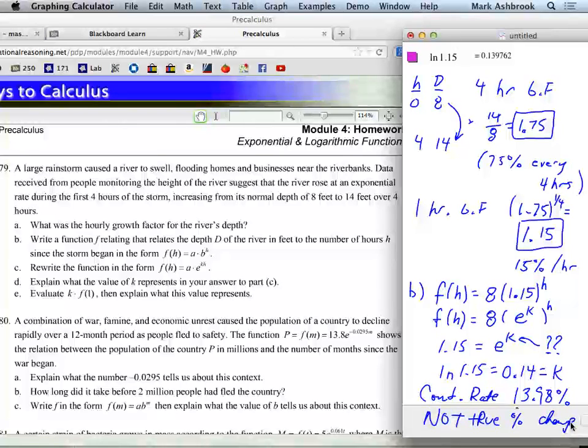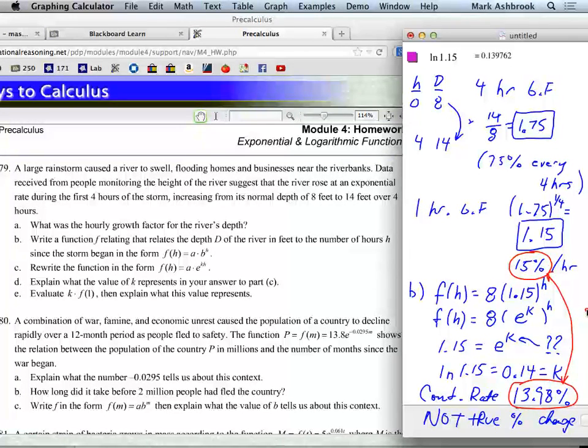Watch the videos. We said it many times. So what is the true percent change? 15%. These numbers as just values are different, but they represent the exact same exponential growth.